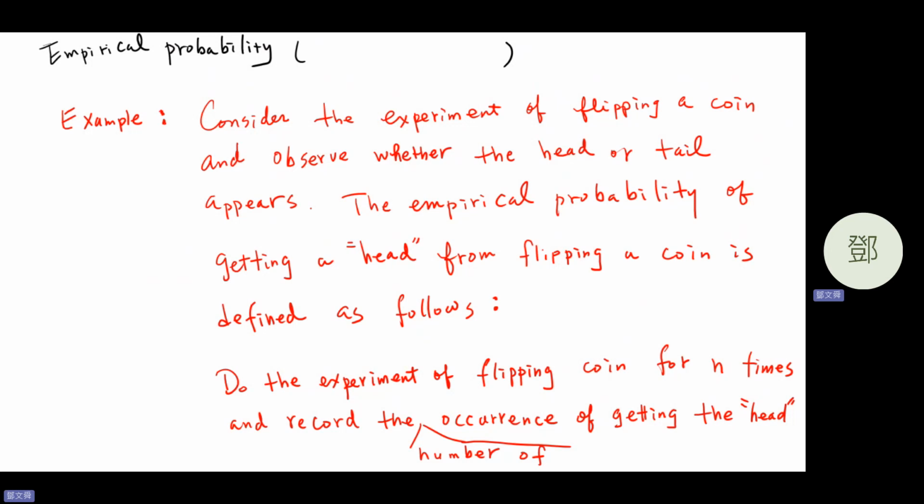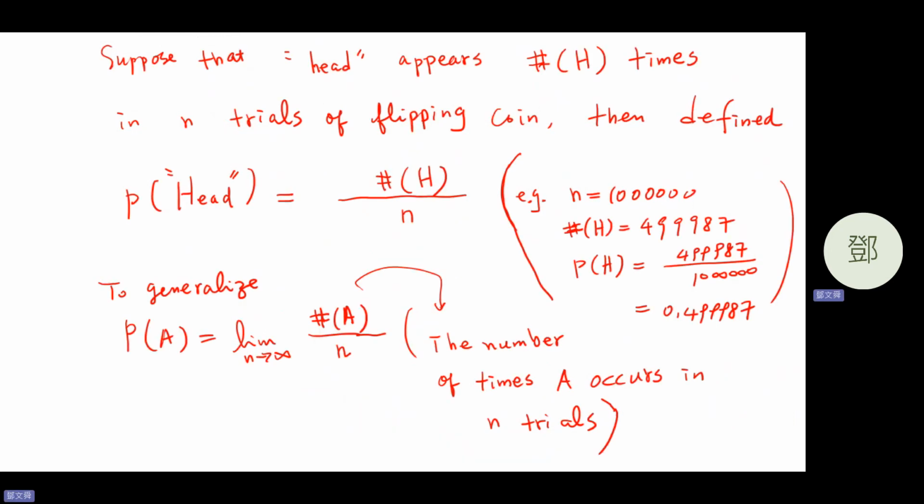This time n should be large, as large as possible, say 10,000 or 100,000 or even a million times, and record the number of times the head appears in n trials.